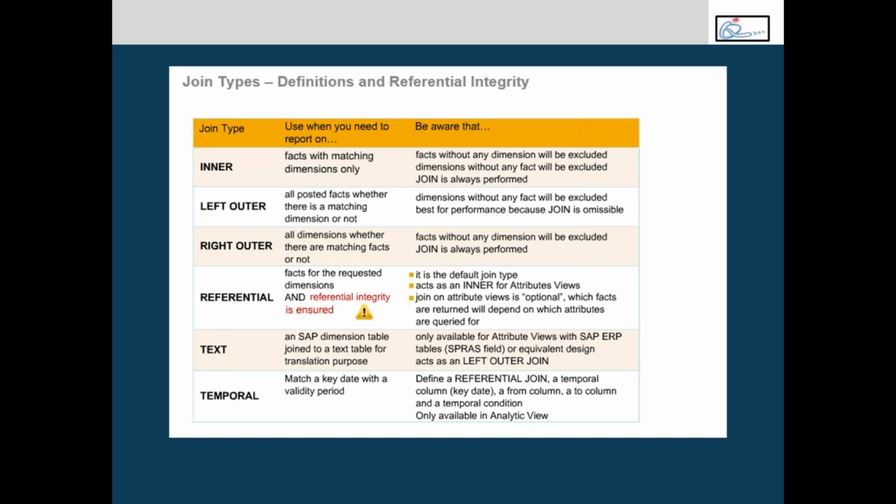So whenever you want to join data from two tables and, with the join, filter the data based on the login language, you go with text join. If it is ECC tables, the language column would be SPRAS, and it acts as a left outer join. So even though there is no description, it will still bring that value for me.